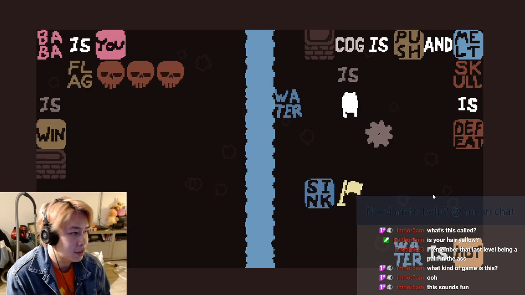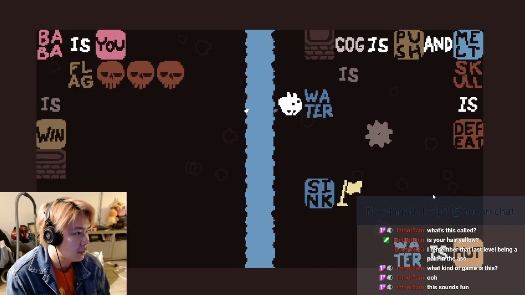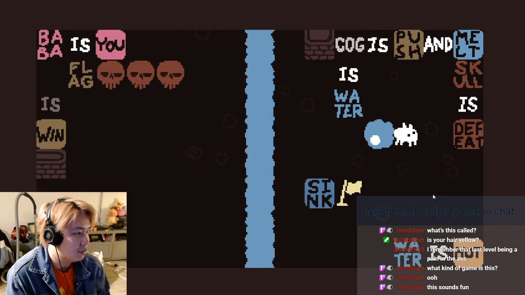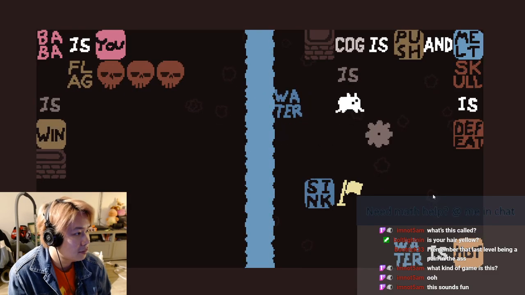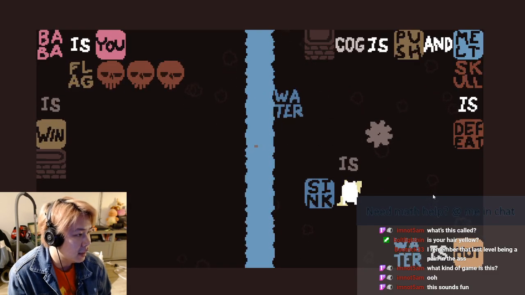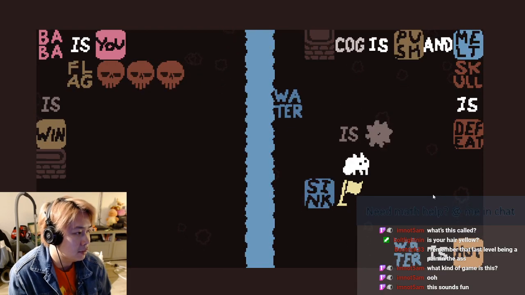So I can make the sentence cog is water, but that just turns this cog into water. So I don't think that helps. And then it looks like I'm pulling stuff, but I'm just pressing undo. You can't pull words and objects.